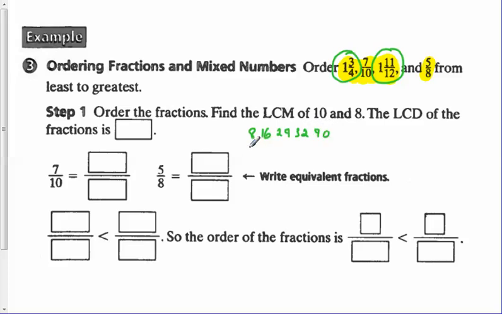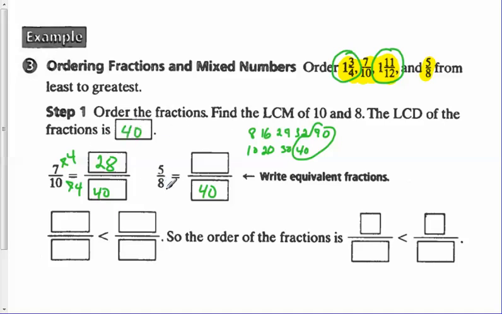Again, 10 times 1 is 10, times 2 is 20, times 3 is 30, times 4 is 40. That is our least common denominator. So I multiplied 10 times 4 to get to 40, so I do the same thing to my 7 times 4, and I get 28. Our least common denominator is 40.